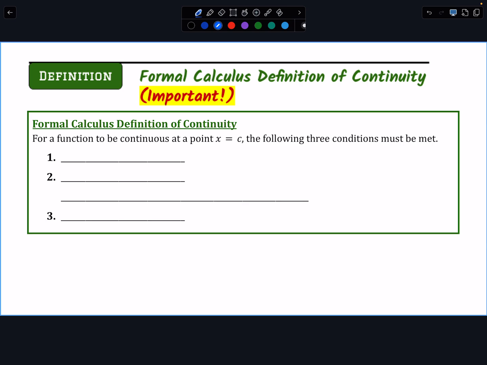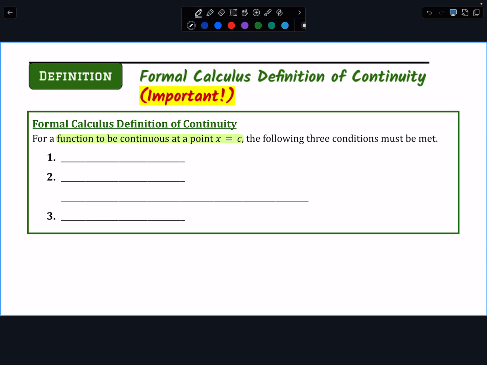Okay. For a function to be continuous at a point x equals c, the following three conditions must be met.